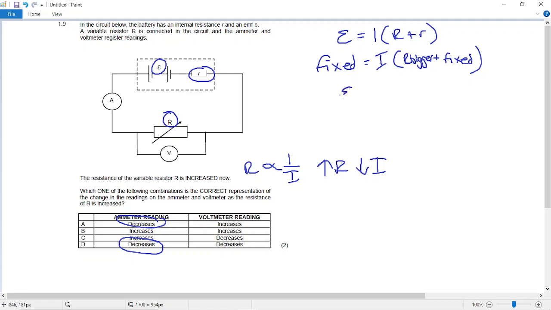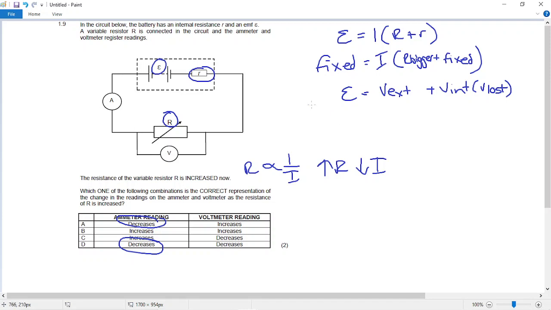But the EMF is equal to the V external plus the V internal. Remember the V internal is sometimes called the V lost, but they don't like you to call it the V lost. So let's put numbers here to make this easier.